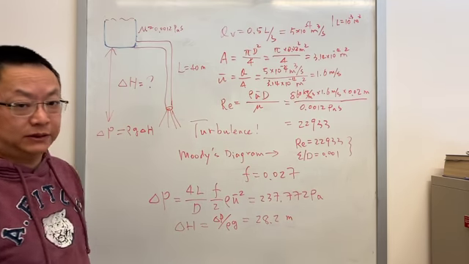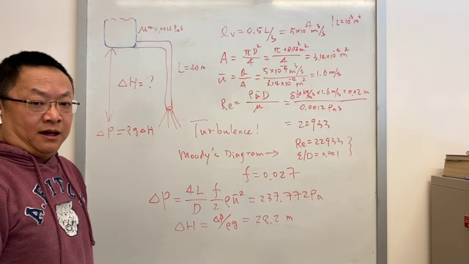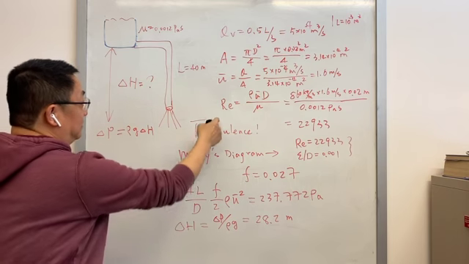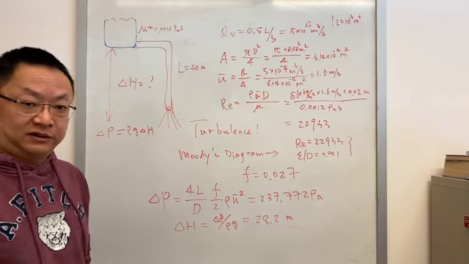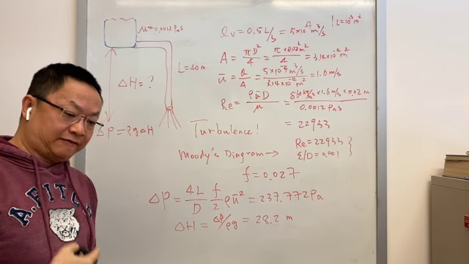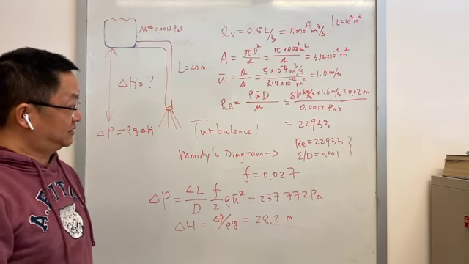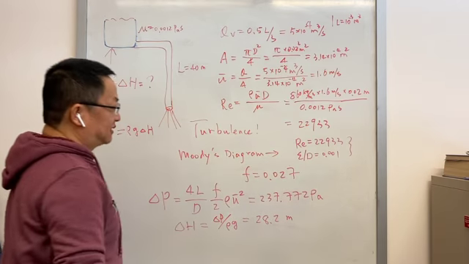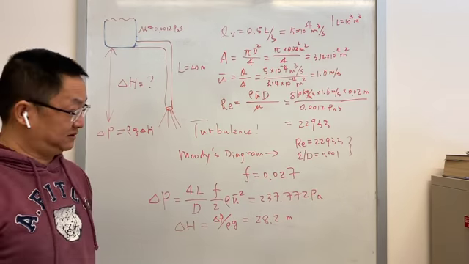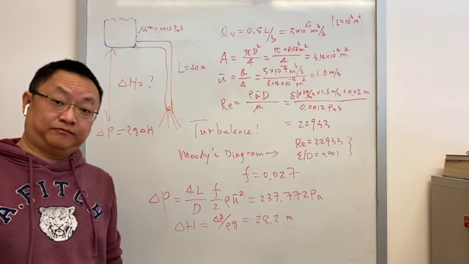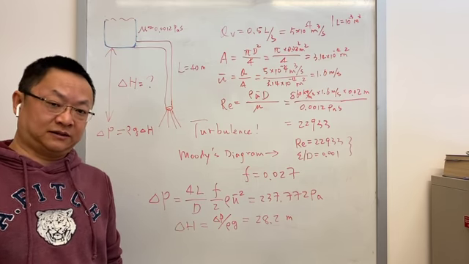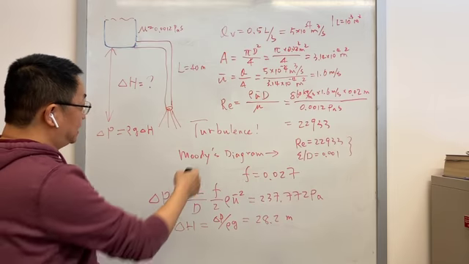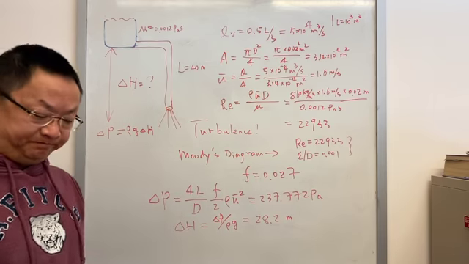That's 1.6 meters per second. Then with that, we need to calculate our Reynolds number, which will tell us whether we have a laminar flow or a turbulent flow. So we calculate our Reynolds number. This is our result. It's close to 23,000, which is certainly much larger than 2100, so we're dealing with turbulence.